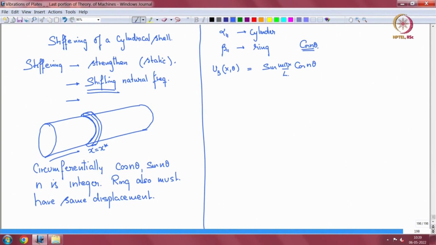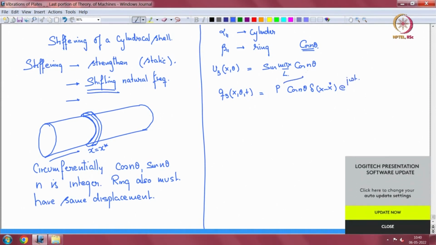Now I will find alpha 11, the receptance for the shell, using this forcing, P cos n theta delta of x minus x star e to the power j omega t, and this has units of force per unit length.